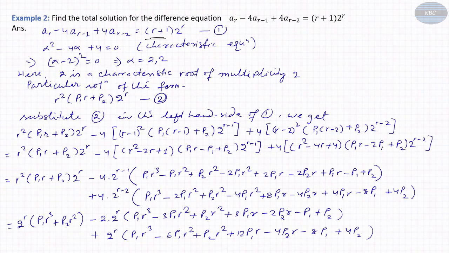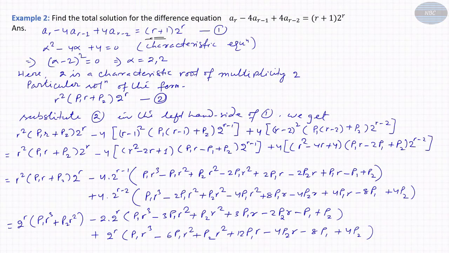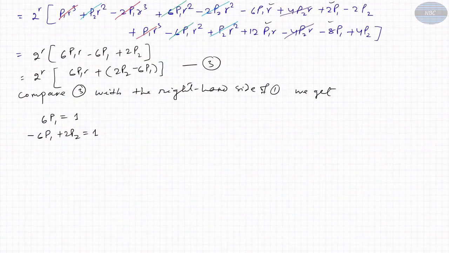So see here, we have this characteristic equation with 2 to the power r. The coefficient of r is 1 and the constant term is 1. So here the coefficient of r, this 6 p1, is equal to 1, and this constant term is equal to 1. Now let us solve this one.